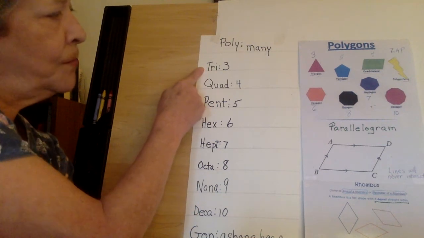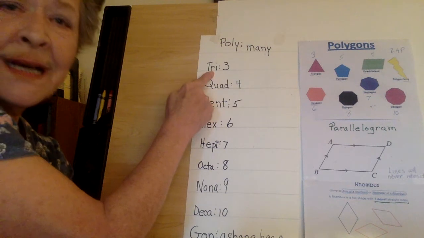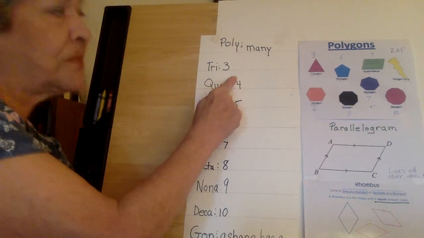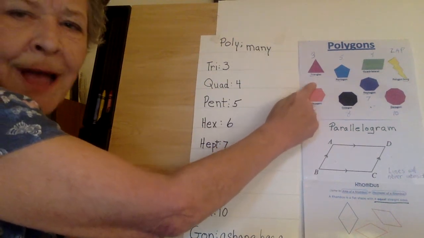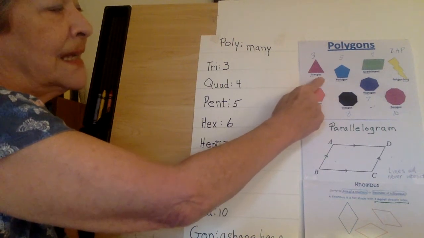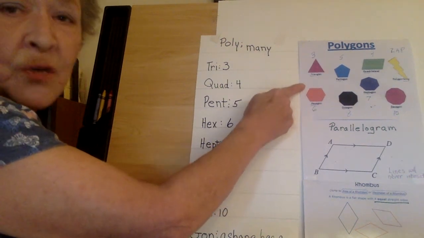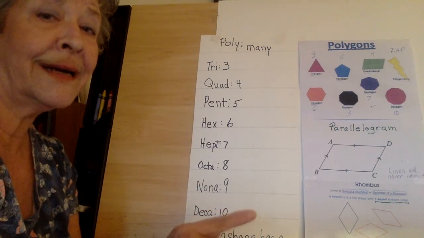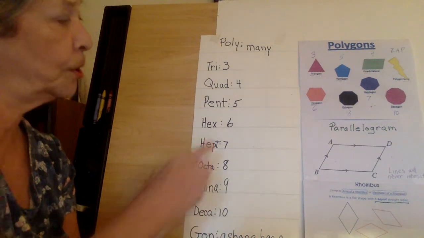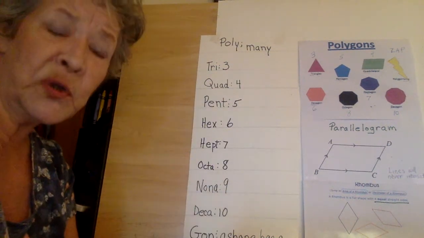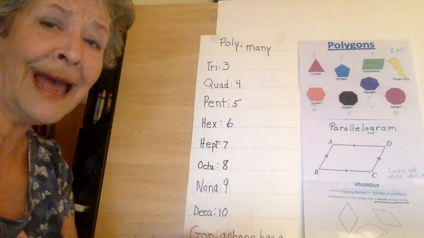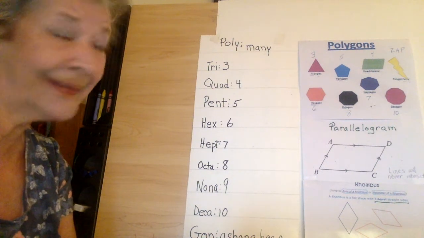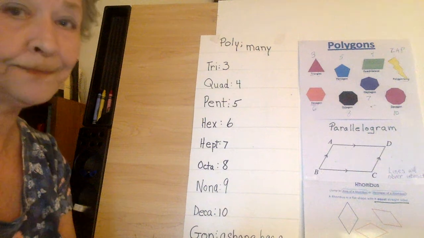In these shapes, we're going to see the beginning prefix tri. Tri means 3. Let's look at the triangle. How many sides do we have on the triangle? Now, tri and all of these words here refer to the angles, not the sides, but the angles and the sides match, so it gets easy here.